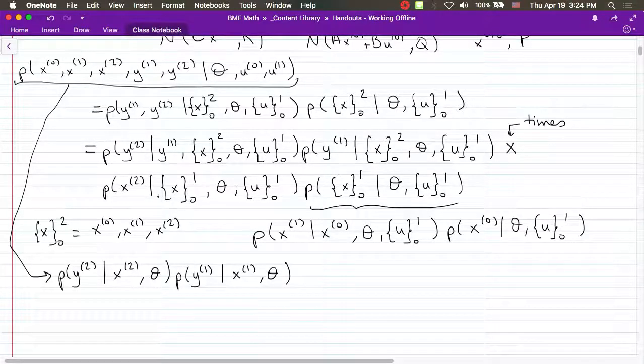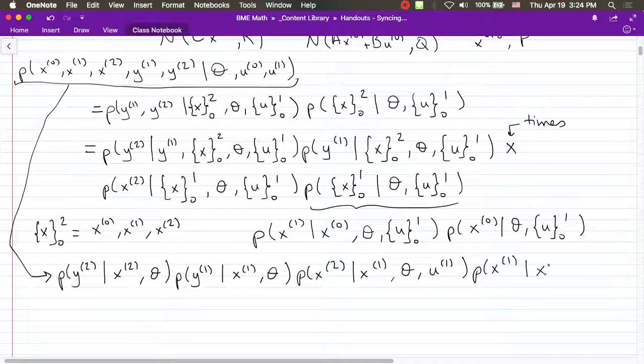Then this term here, p of x2 given x1, theta, and u1. And then this term here, p of x1 given x0, theta, and u0. Finally, last term times p of x0 given theta.